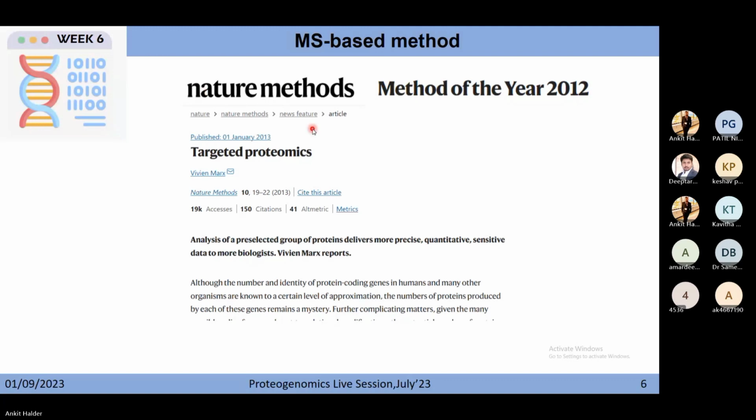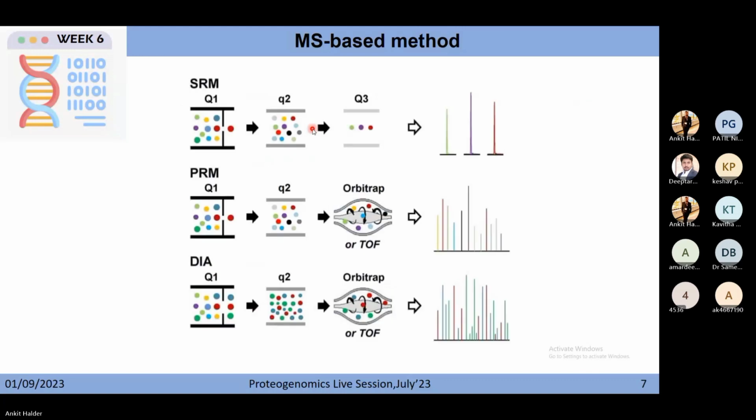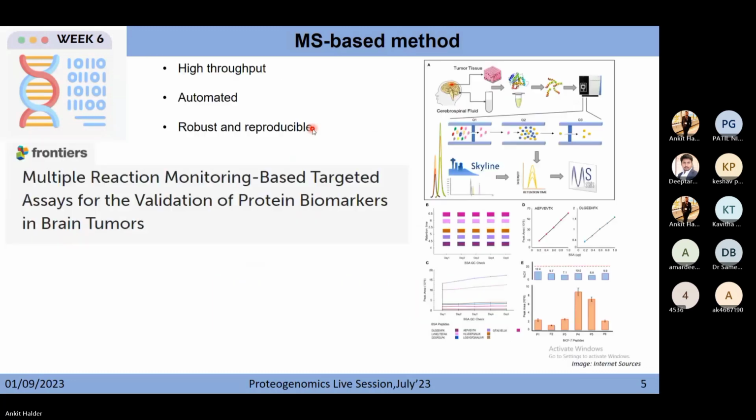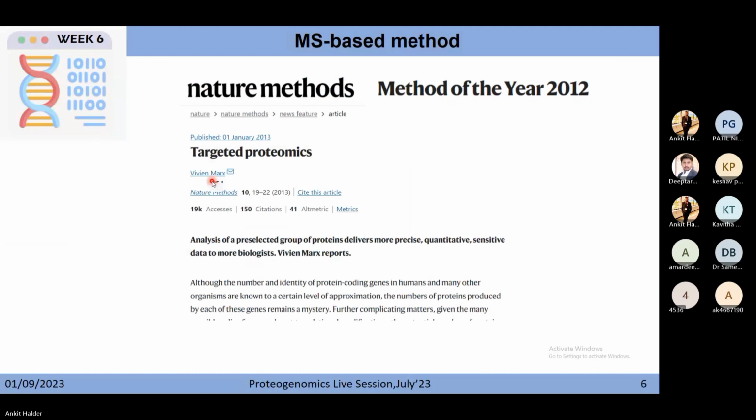It was highlighted as a highly innovative technique which leads you to validate your proteins. As I told you, SRM or MRM, multiple reaction monitoring, is a technique for the validation of proteins without the use of antibodies.